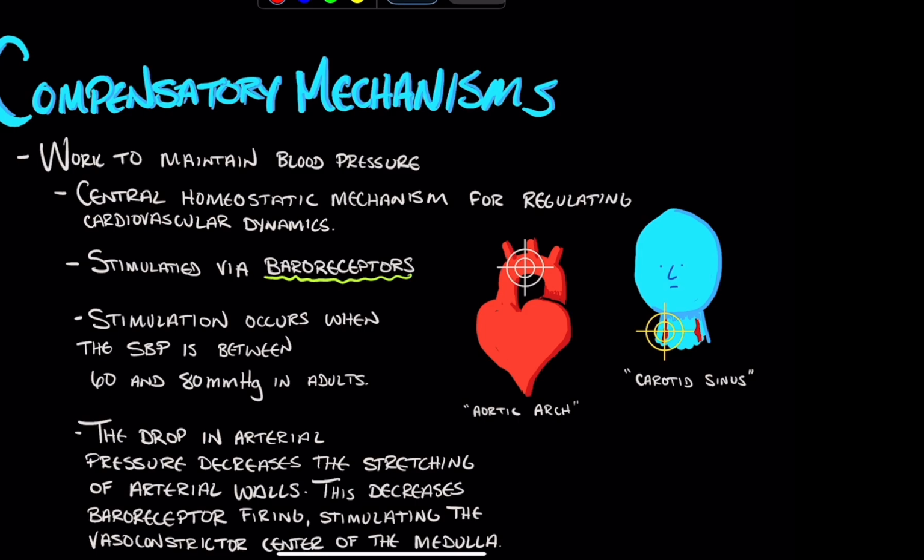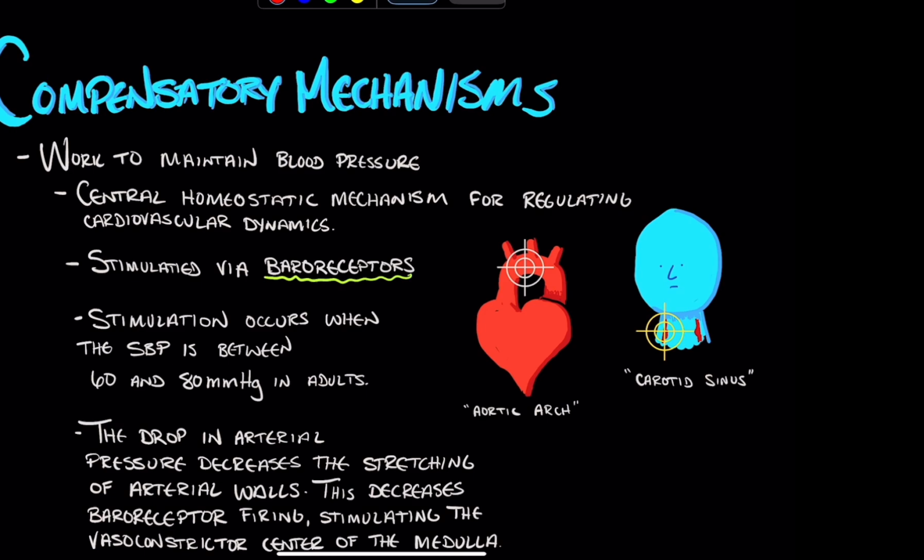It revolves around the central homeostatic mechanism, which regulates our cardiovascular dynamics. So when you think of cardiovascular dynamics, again, think of cardiac output, heart rate, preload, those kinds of things, right? Ejection fractions, and these all aim to help adjust and maintain adequate blood pressure.